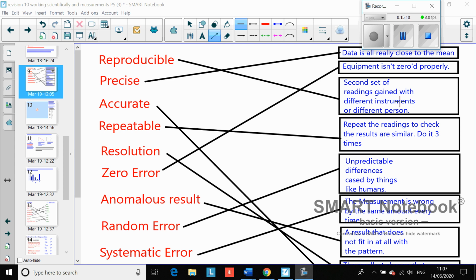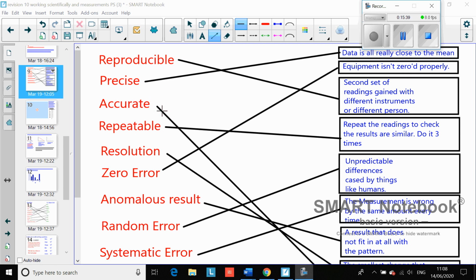Essentially, what that means is another scientist could copy your experiment, maybe not exactly the same way, maybe use a slightly different set of equipment, but still come to the same conclusion that you did. Okay, so that would be that one. Precise, the data is all really close to the mean, to the average. Okay, so if it's precise, that's what it means.